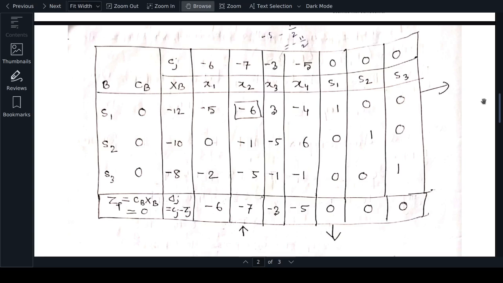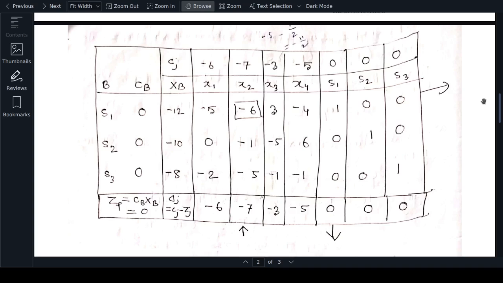Only where a negative value is present in the key row do we find the ratio of delta J and key row. So -6 by -5, then -7 by -6, -5 by -4. Okay. So here you see, -7 by -6 gives us the minimum value.